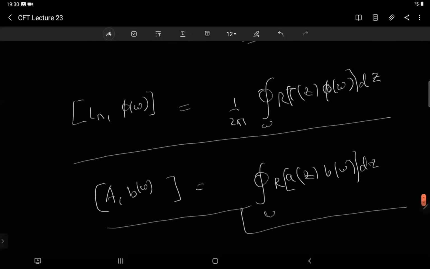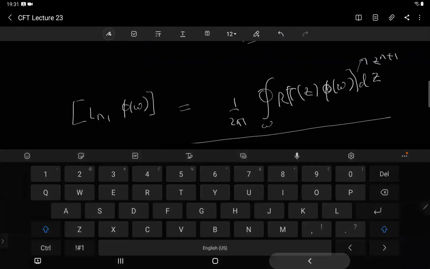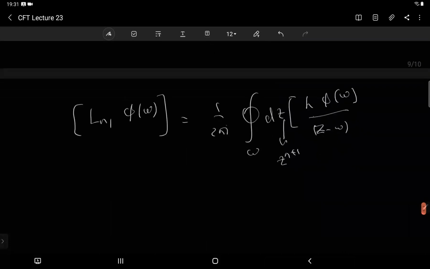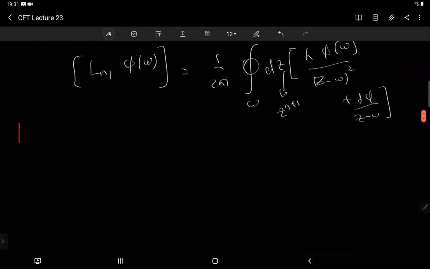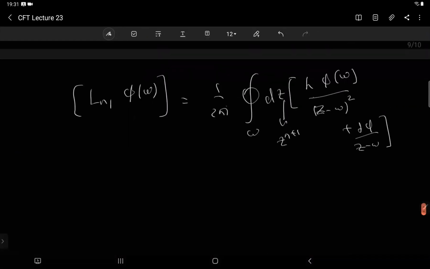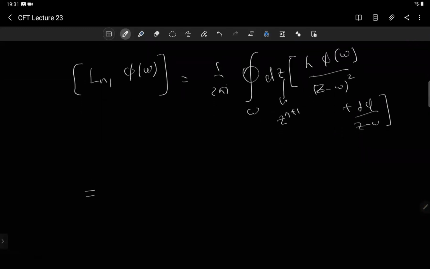The OPE is h phi(omega) over (z minus omega) squared plus del phi(omega) over (z minus omega), and again you have to do the same thing that we did earlier. We will get two terms.